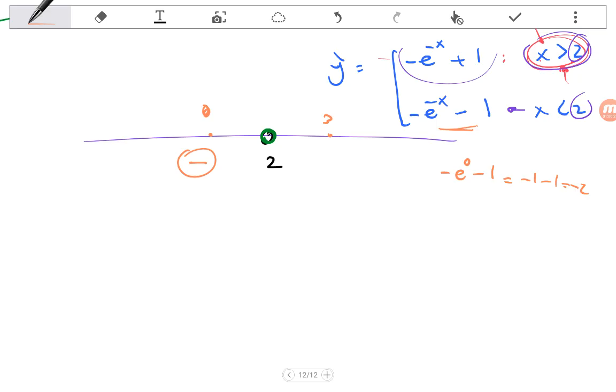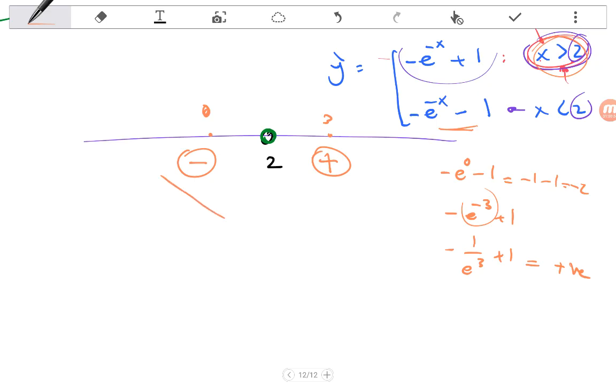For 3, 3 belongs to the first branch, so it will be e power negative 3 plus 1. E power negative 3 is a fraction, 1 over e power 3, then 1 minus a fraction, which will be a positive value. I don't need the exact value, I just need its sign.